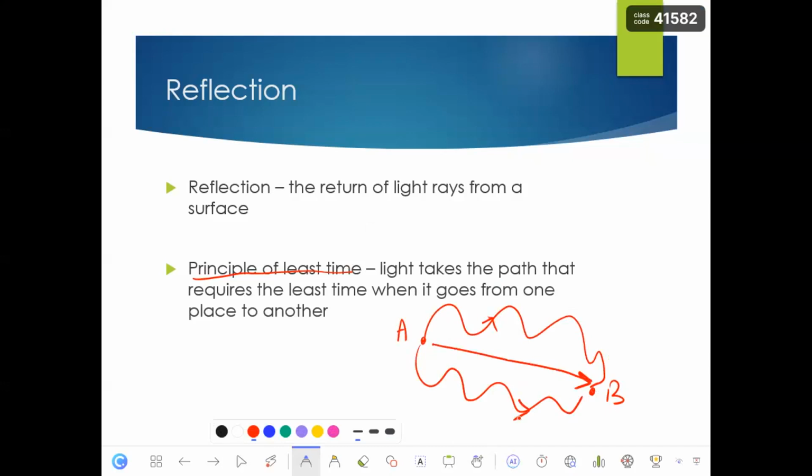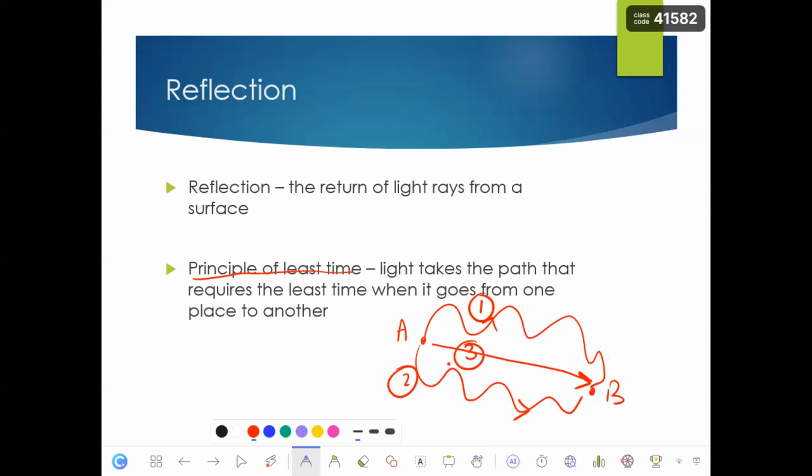Why are pathway number one and two not our answer? Because it takes more time to go from A to B in pathway number one and pathway number two. But the least time is pathway number three.